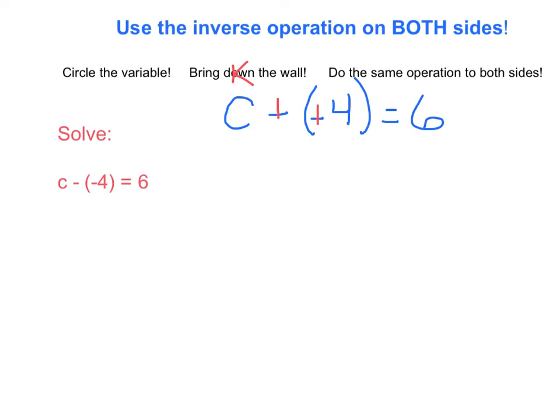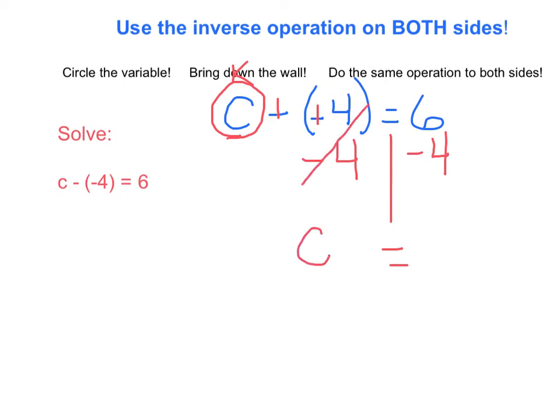So remember, we're going to circle our variable, and we're going to draw our wall, bring down our equal sign, and then I'm going to do the inverse of adding 4, so I'm going to subtract 4 on both sides. A positive 4 minus 4 cancels out, and I'm left with C. And then 6 minus 4 leaves me with 2. And that is my solution for this equation.